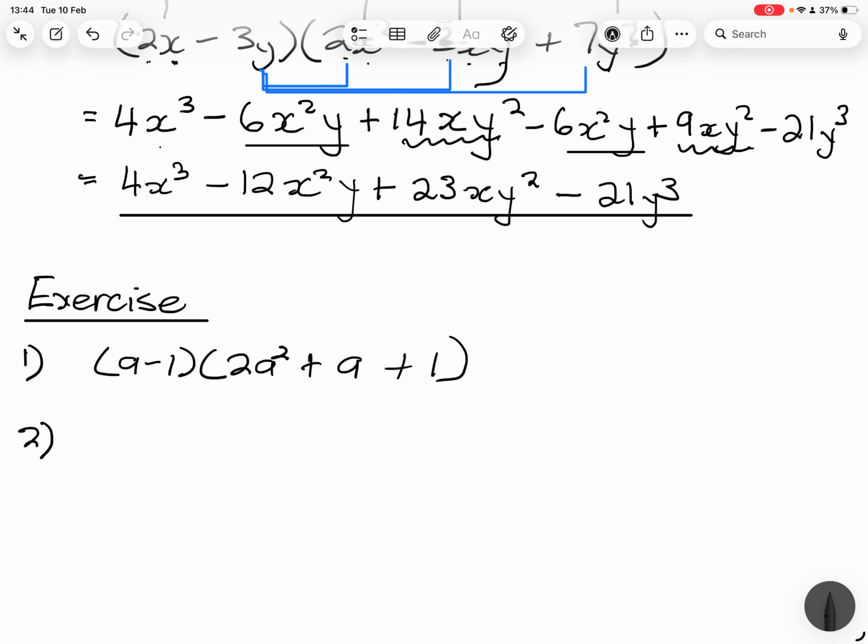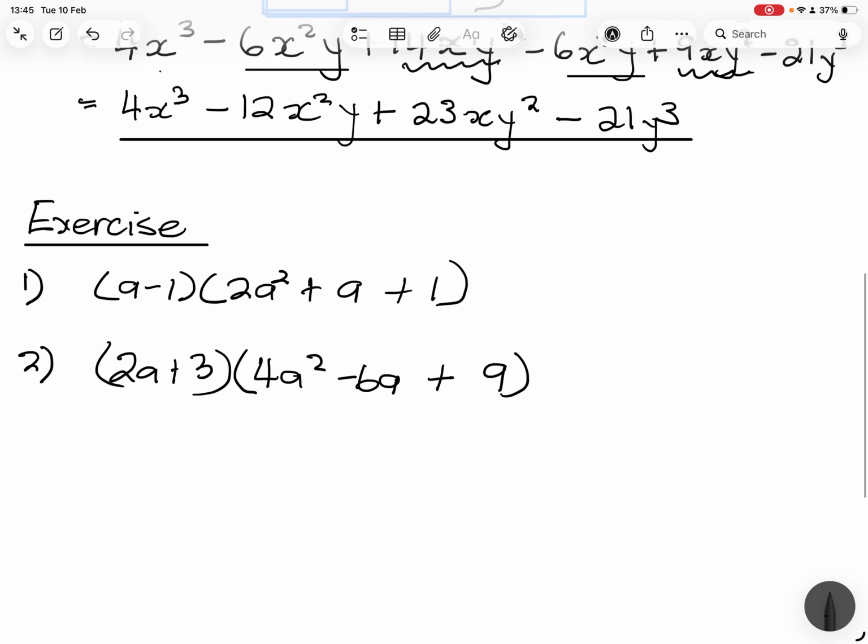So let's take 2a plus 3, and you're going to multiply it with 4a squared minus 6a plus 9. And finally, please let us know what answer you get. And in this case, I've got b minus 4 into b squared minus 4b plus 16.